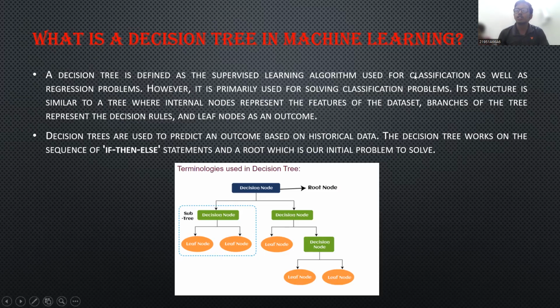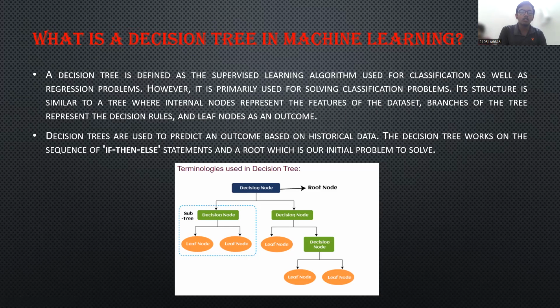Its structure is similar to a tree where internal nodes represent the features of the dataset, the branches of the tree represent the decision rules, and the leaf nodes represent the outcome.